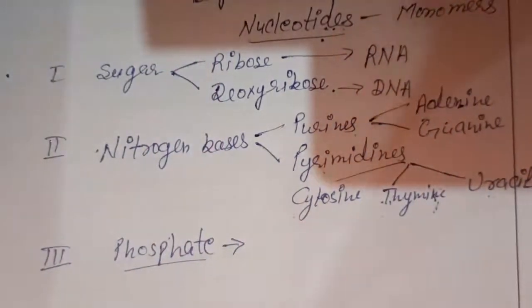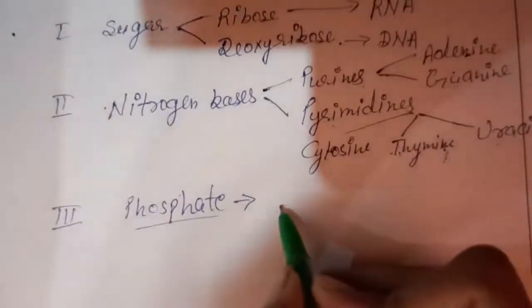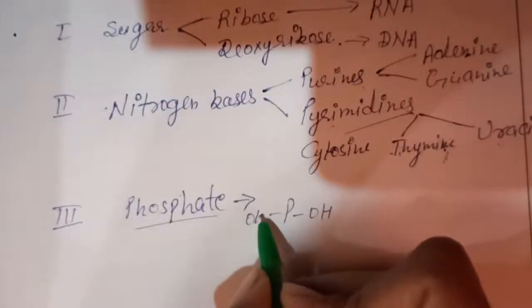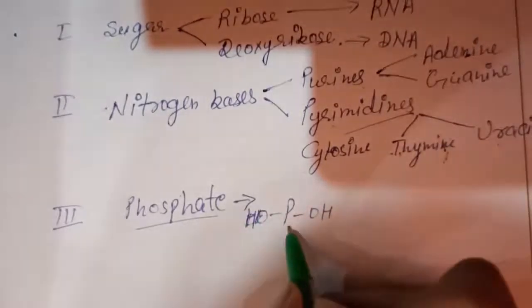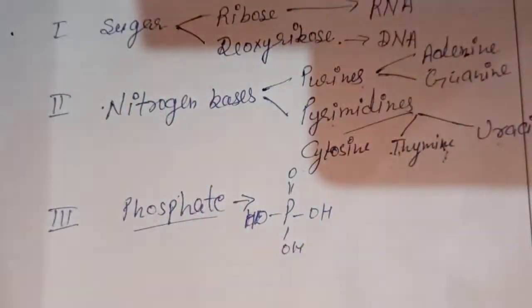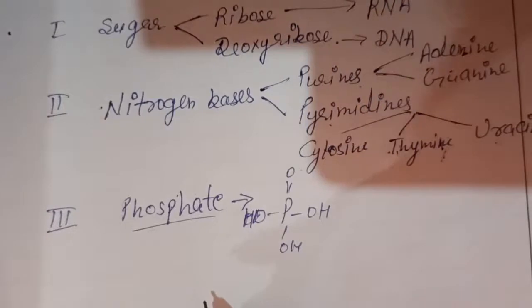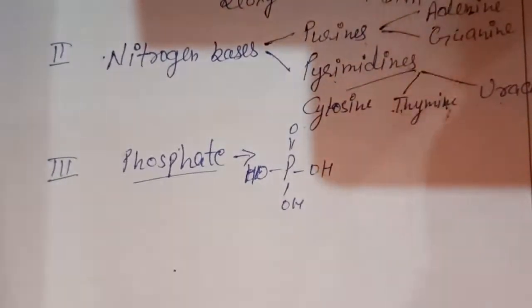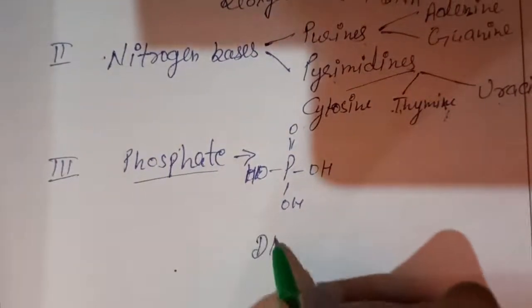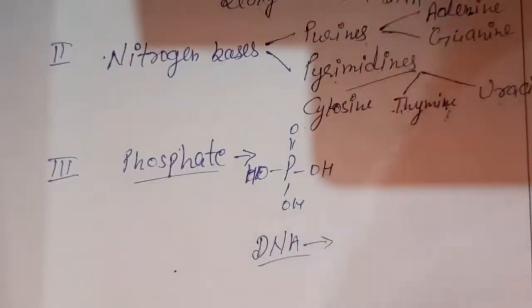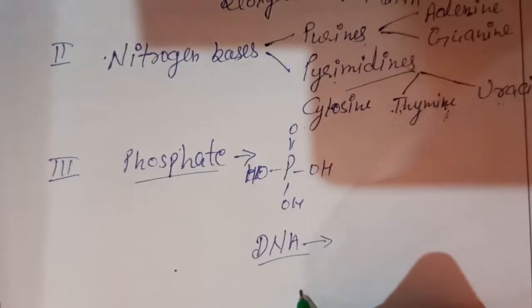Now one more important thing, phosphate will be like this. Okay, now one more important thing here, in nucleic acid two polynucleotide chains are present. If we talk about DNA as a nucleic acid, then two nucleotide chains are present here.